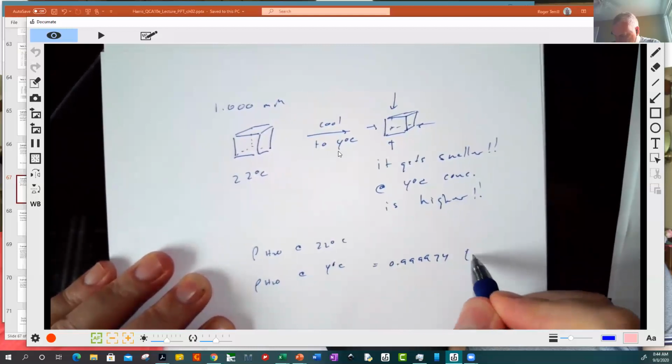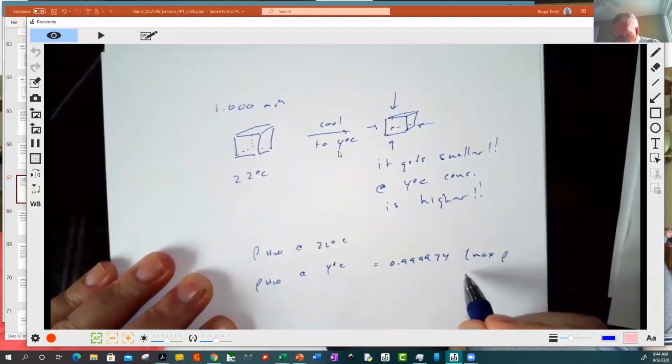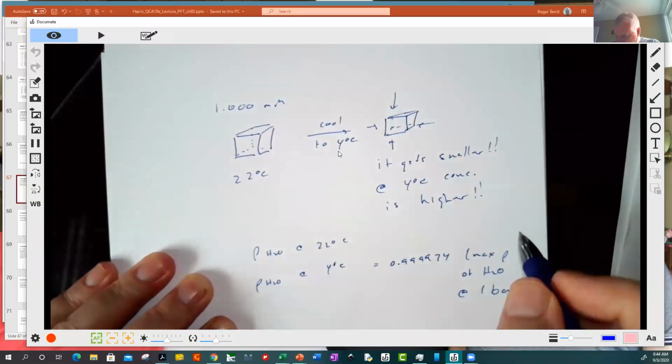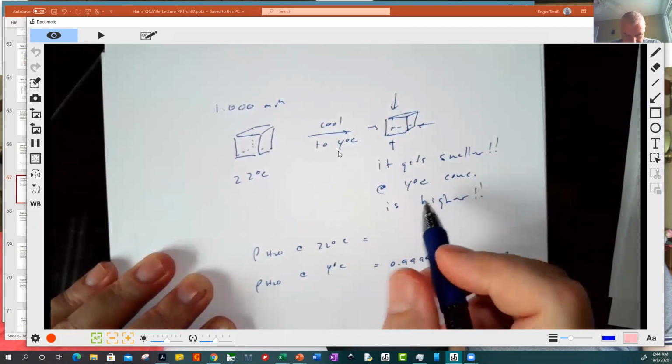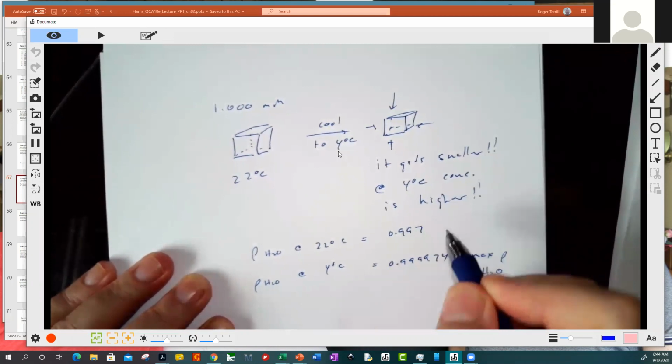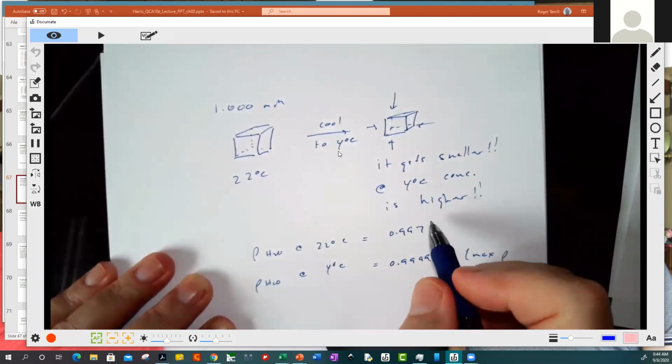This is the maximum density at 1 bar. And this is 0.997773.